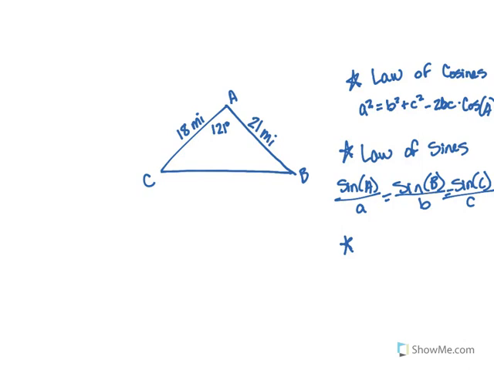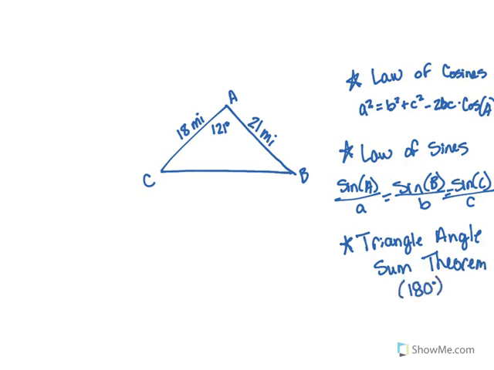So that's called the triangle angle sum theorem. So remember, they should add to 180 degrees. That's what that means. So go ahead and do this problem. Do it on your own. Pause this video. When you come back, we're going to go through the answers together.